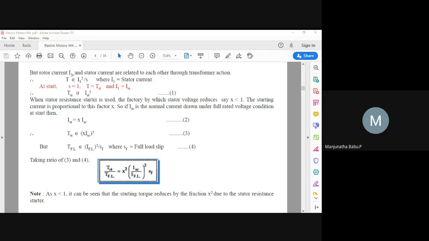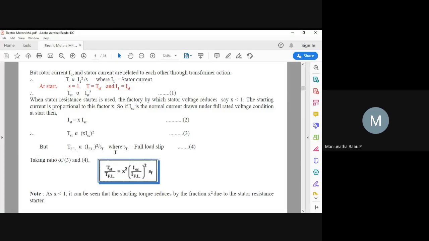ISC is equal to 6 times the full load current. So find the auto transformer tapping, that is the value of X we have to find here. Next, starting torque to full load torque: find the tapping on the auto transformer starter which would give full load torque at starting.